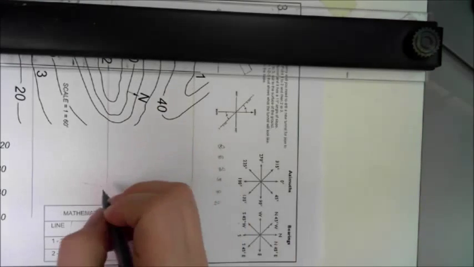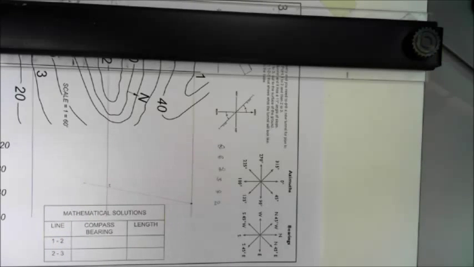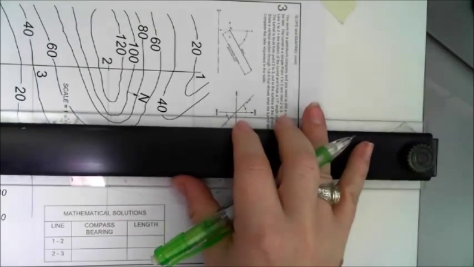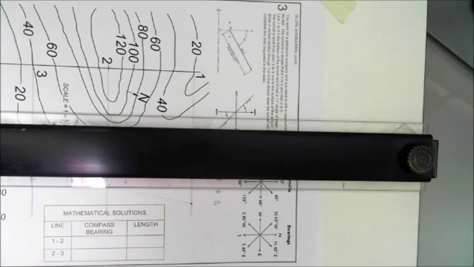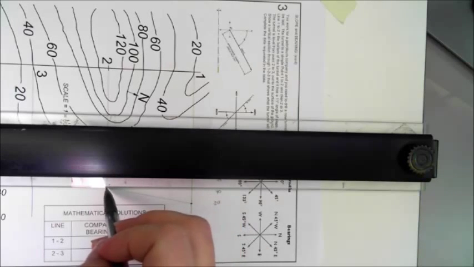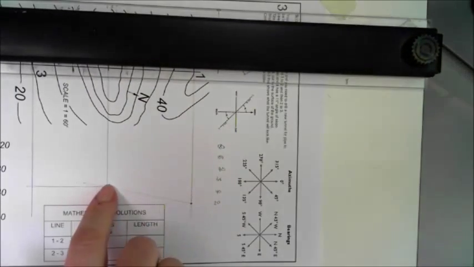So what happens is this is where 2 hits right here. And then 2 comes over straight horizontal. So I'm going to get my darker lead. Actually, let's just do it light for right now because we need to go ahead and project those points, and so you can see where the mountain and stuff comes. And then we'll go back and darken. So here's 1 to 2, 2 to 3.